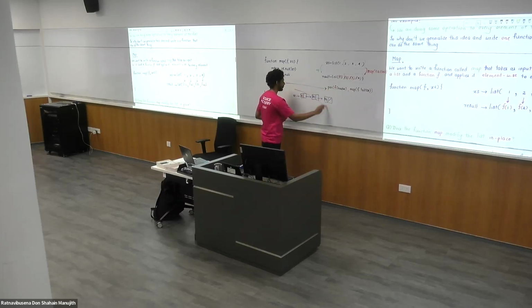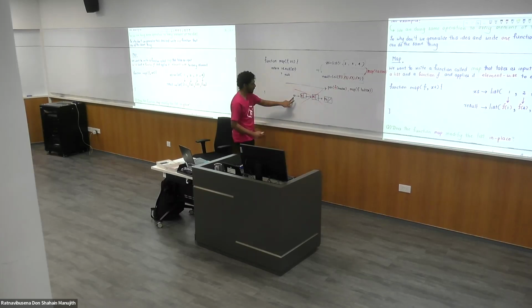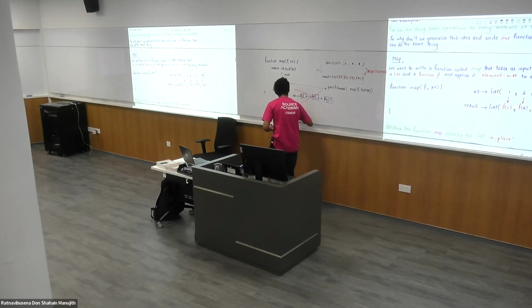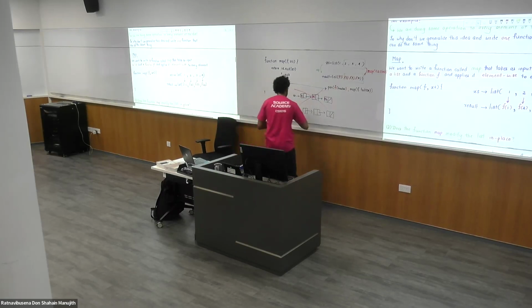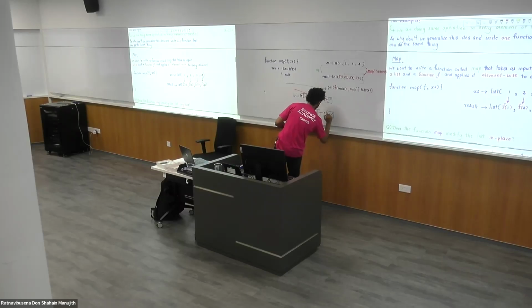So if you call map on XS, you actually get a new list, where the elements are F1, F2, and F3.